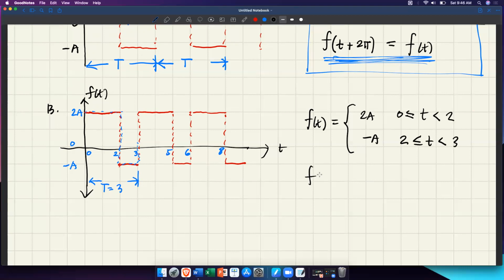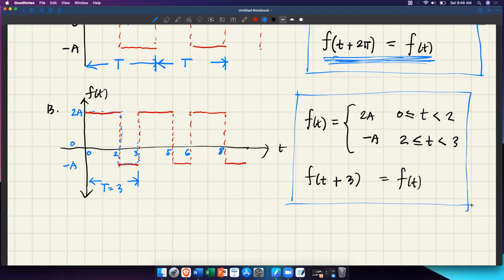And don't forget that the function of t plus the period of 3 is equal to the function of t. This is how you define your periodic function, mathematically, in letter B.